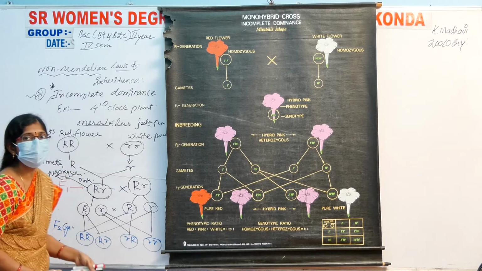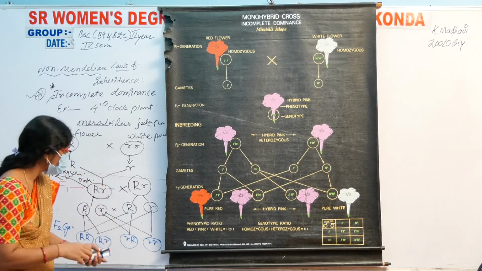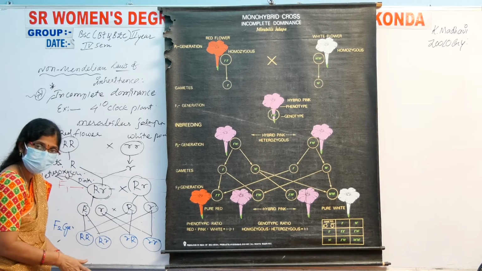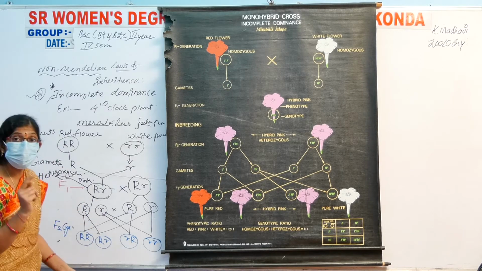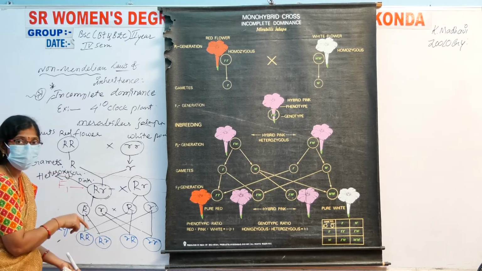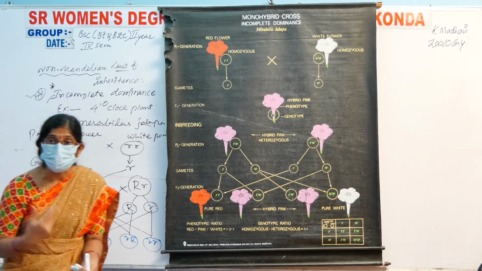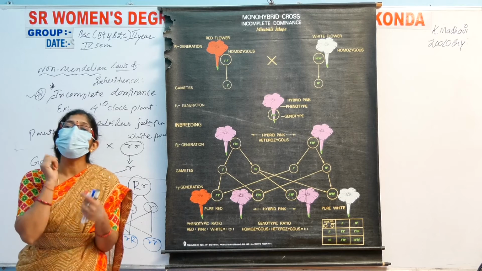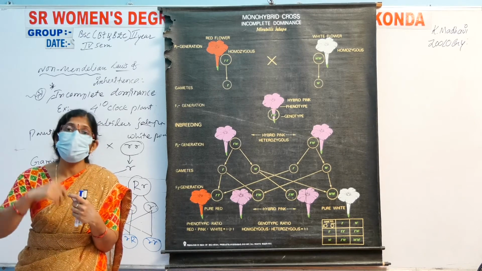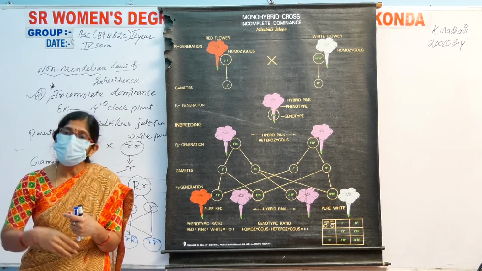What type of flowers do we produce? What type of flowers do we get here? Here the genotypic and phenotypic ratios are equal. There is no 3:1 formation. Okay, there is no 3:1 formation. That's why Bennett expressed his idea that this is incomplete dominance. The dominant characters sometimes are completely dominant and sometimes they are hidden.